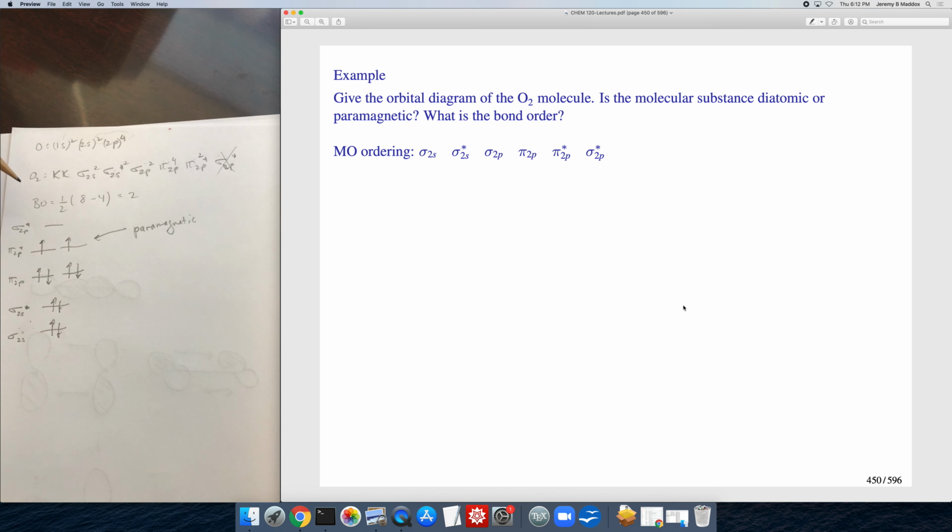This is one of the great triumphs of molecular orbital theory, that it successfully predicts that diatomic oxygen in its ground state is paramagnetic, that is, it has unpaired electrons. You might not expect that because it has an even number of electrons, but according to molecular orbital theory and experimental evidence, oxygen is paramagnetic.